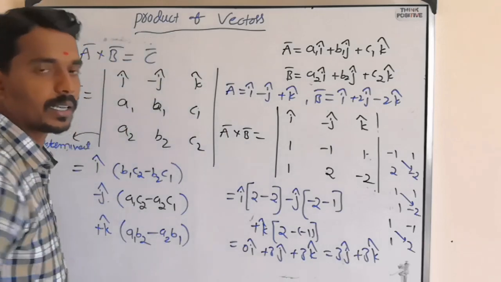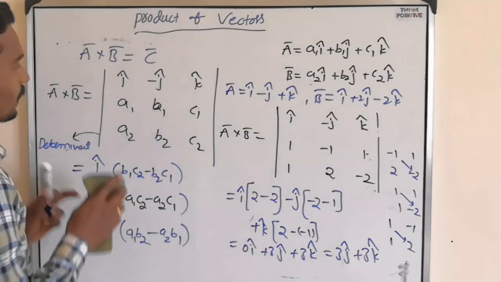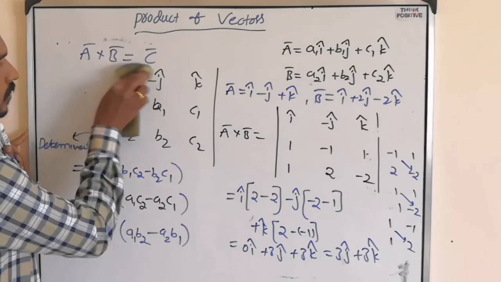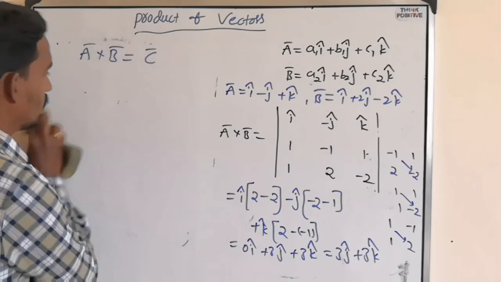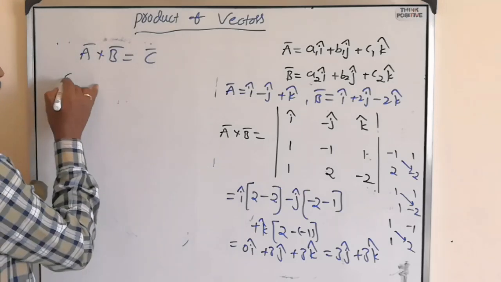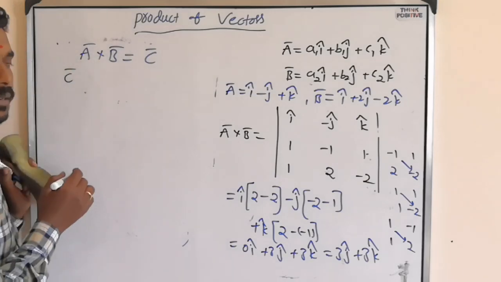This is c bar, the resultant vector. I have written that c bar is the cross product of a bar and b bar.